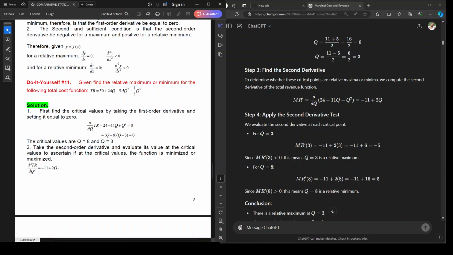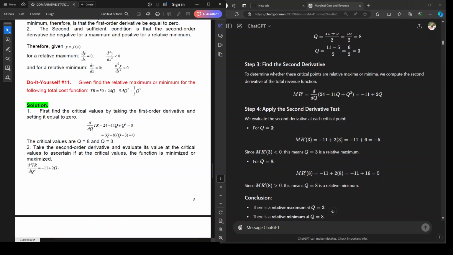So come back to our rules. When our second derivative is less than 0, like this negative 5, this means that this point is a maximum. And since this one is greater than 0, giving us a 5, it will automatically be a relative minimum.